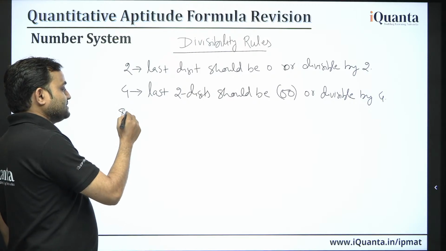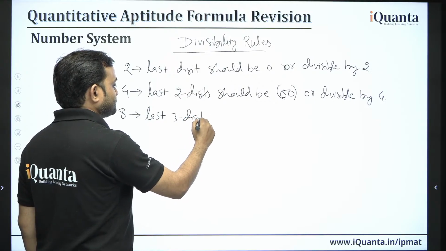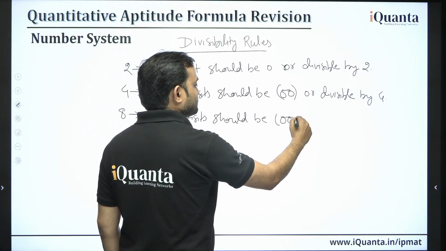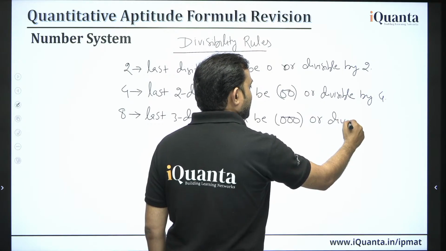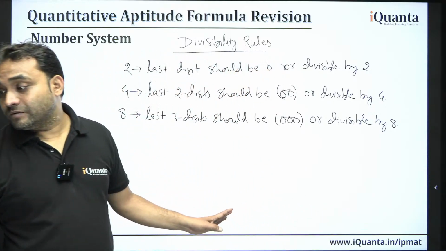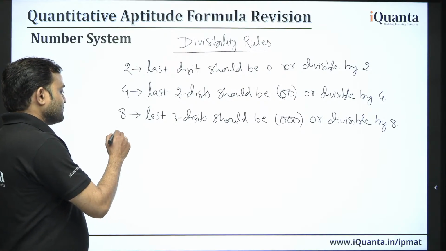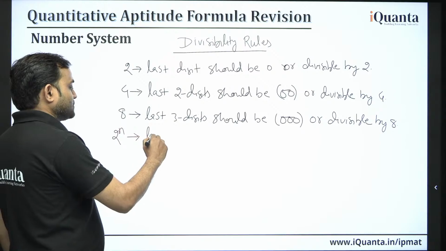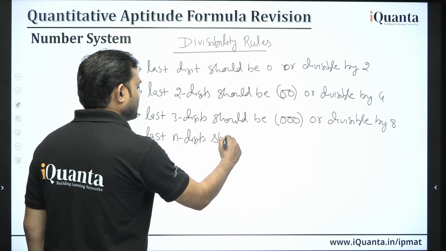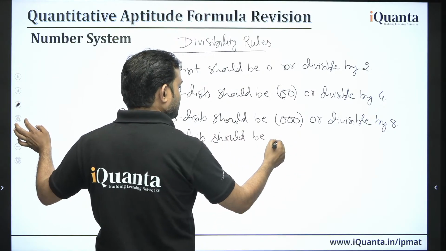Similarly, the divisibility rule of 8 is that the last 3 digits should be 000 or divisible by 8. Then only the whole number will be divisible by 8. So similarly, we can generalize this and say that for the divisibility rule of 2 to the power n, the last n digits should be 0 n times, right?